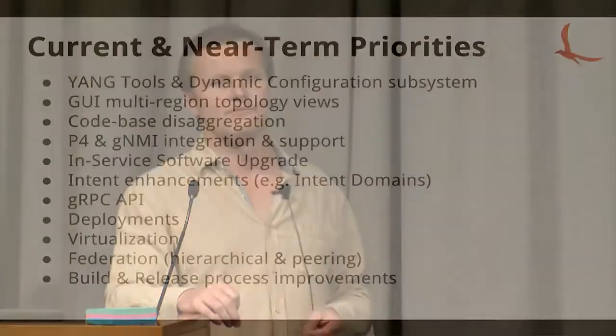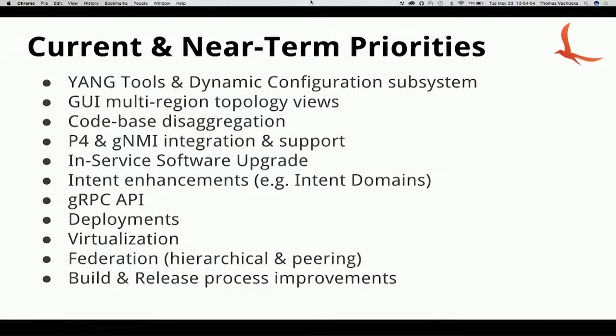I've already mentioned the gRPC API, a highly efficient and also reasonably standard mechanism for interacting between ONOS and outside entities. We're also, of course, spending time to enable and further support existing deployments that we have in research and education networks.